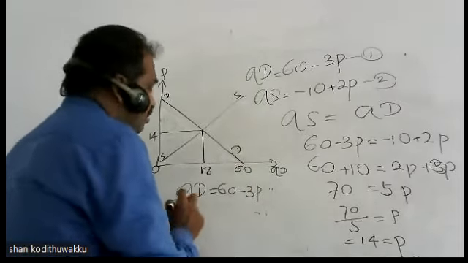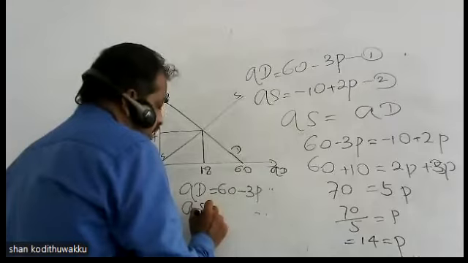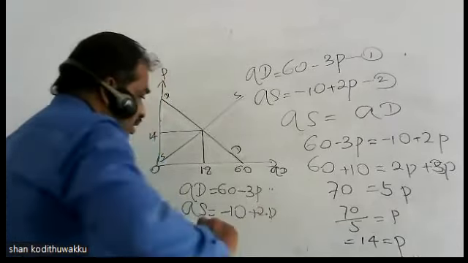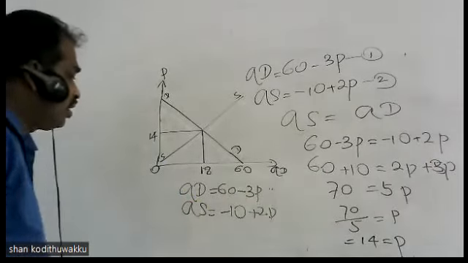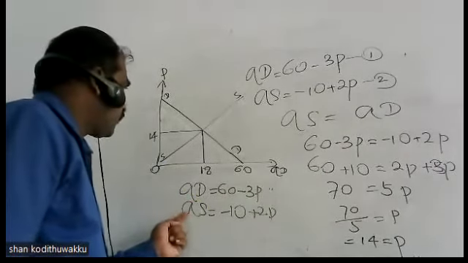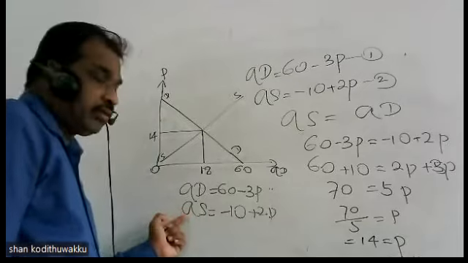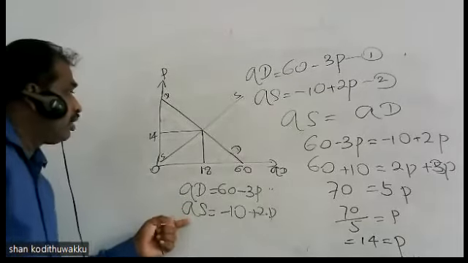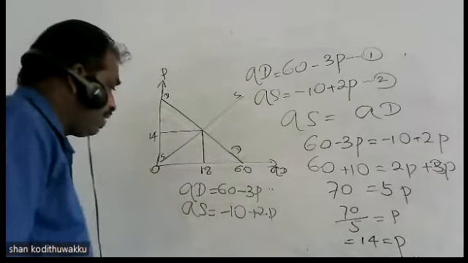Then by using the supply function, equals minus 10 plus 2P, this is the supply function. Through the supply function, you can find maximum price. Maximum price.